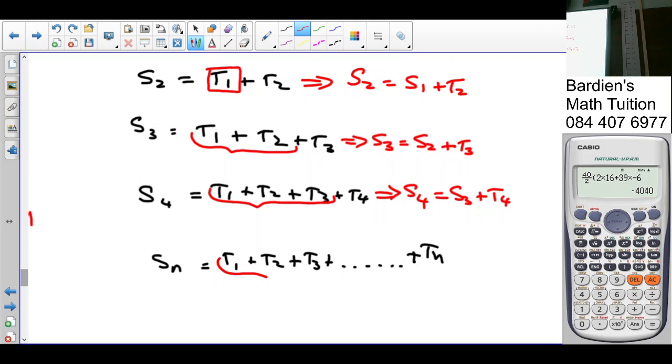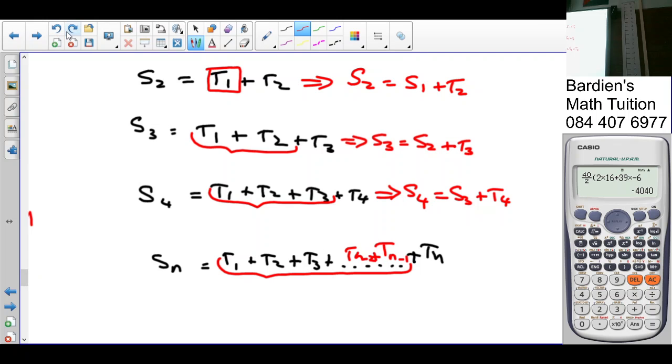What will the last term be? This will go all the way till the one just before that, not so. And what's the last term here? Tn minus 1. And here? Tn minus 2 and so on. Not so.